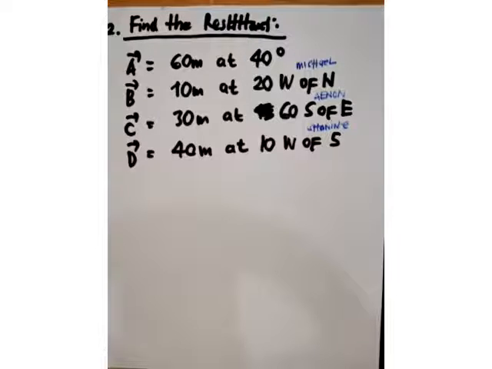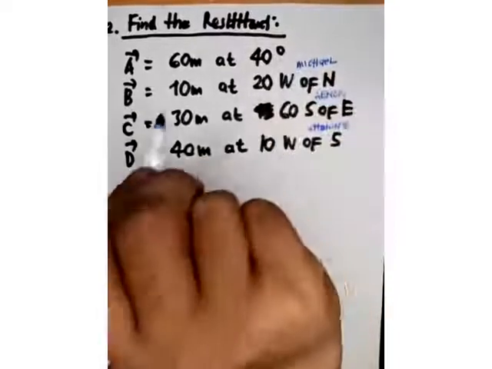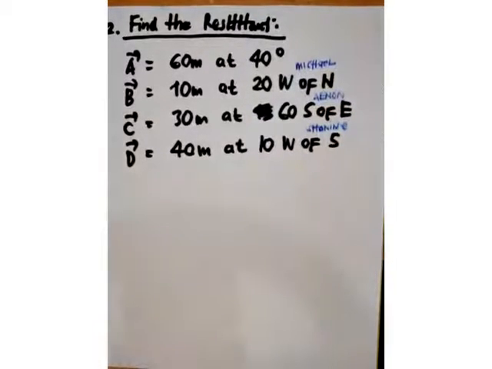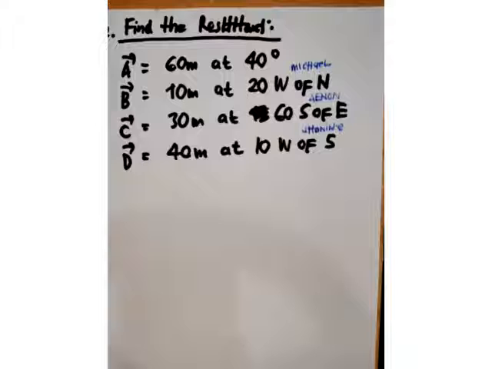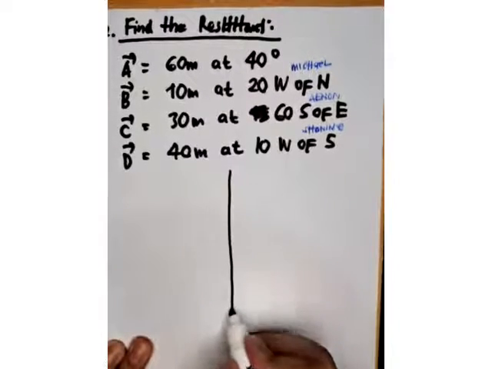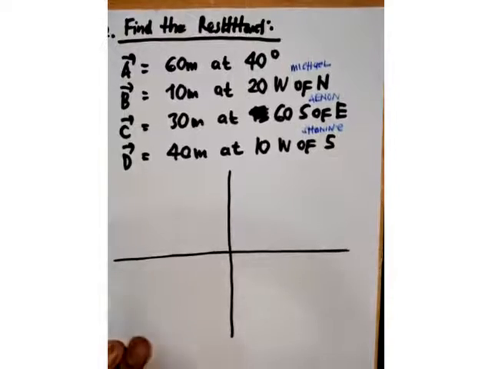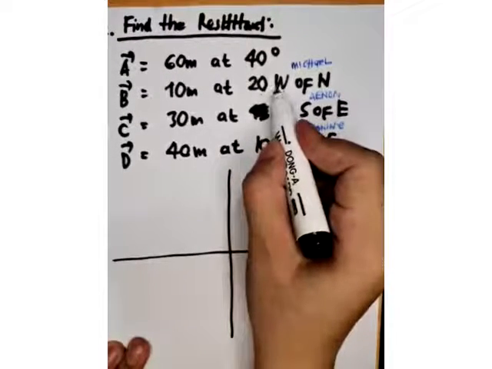Sige, si Michael, may sagot na. Oh, okay. Ang galing. Ang bilis mo, Michael. Okay, so tama ka, 110. Yeah, you're correct. Ipa-plot natin. So, paano naging 110 yon? 20 degrees west of north.